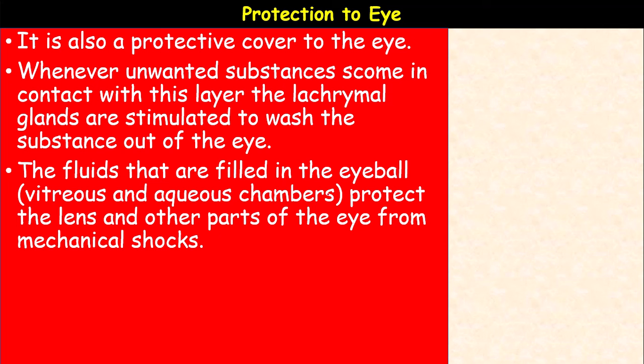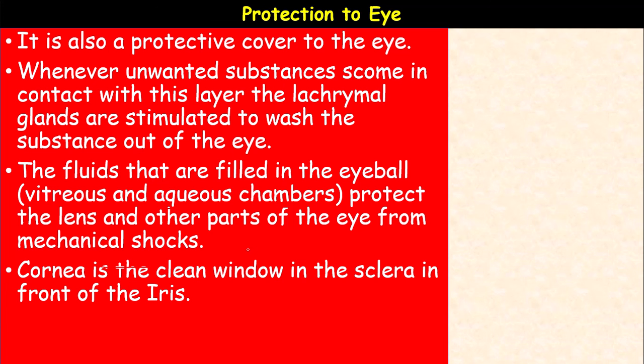The fluids that fill the eyeball, in the vitreous and aqueous chambers, protect the lens and other parts of the eye from mechanical shocks. The aqueous humor and vitreous humor act like shock absorbers and protect the eye from mechanical shocks.